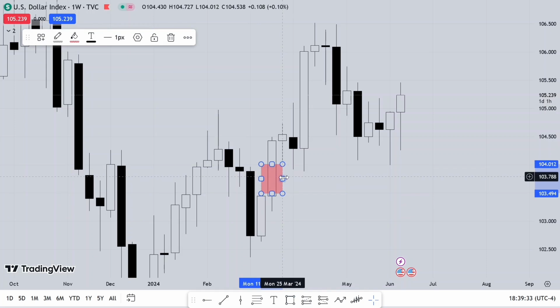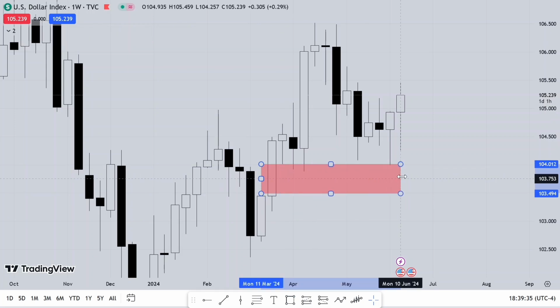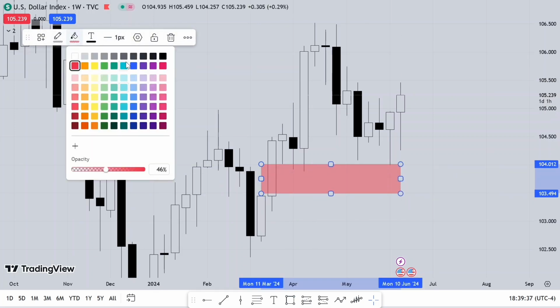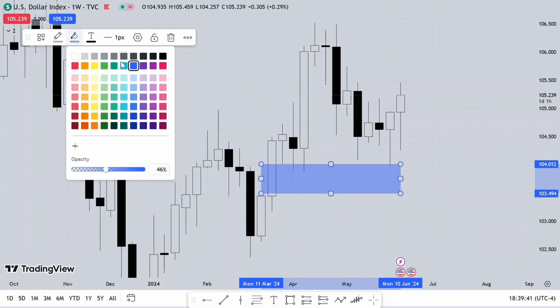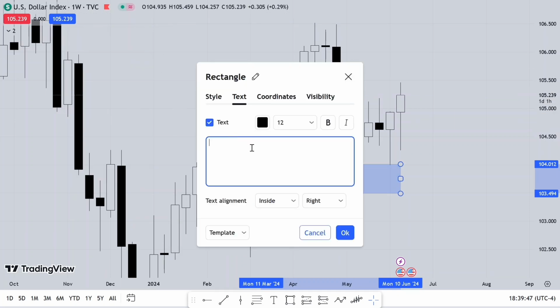Let's label this blue. So you have a BISI. What is a BISI? A BISI is buy side imbalance and sell side inefficiency.